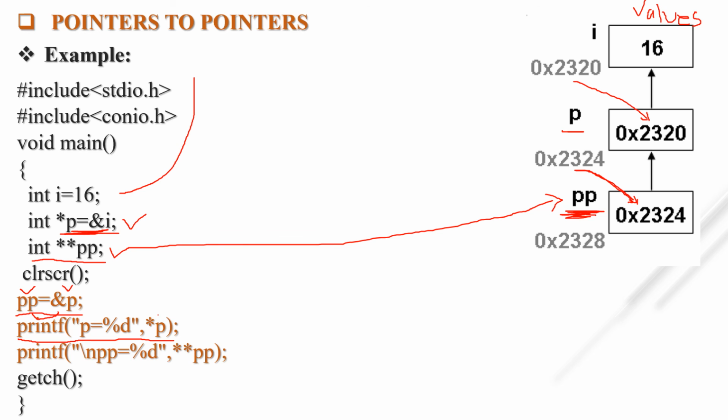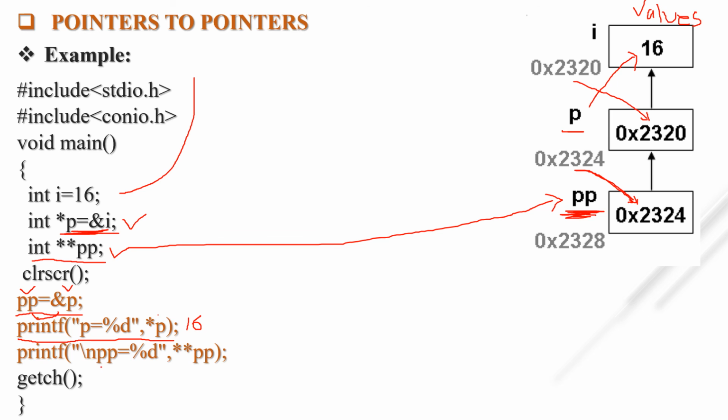So if I want to retrieve the value from that particular address, I will simply write *p. So what is the value of *p here? The value of i, which is 16. So first, 16 will be printed.